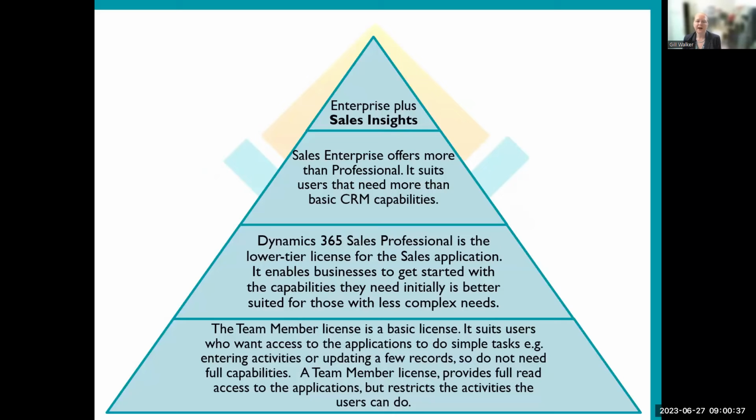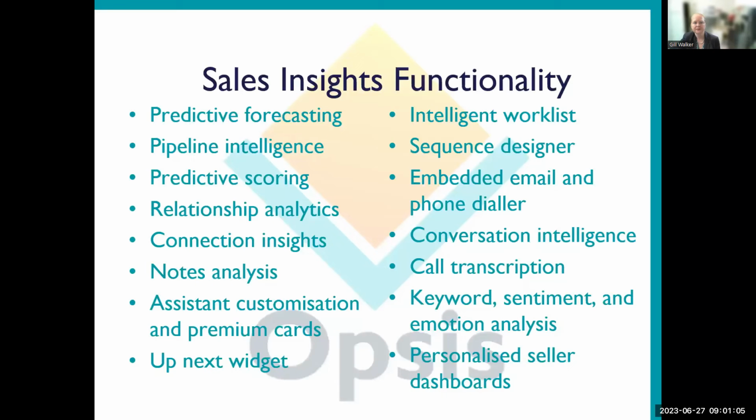And then at the very top level, we have the premium license, and that is everything in enterprise plus sales insights. And it's sales insights where Dynamics starts really helping you by AI looking at the data and helping you.